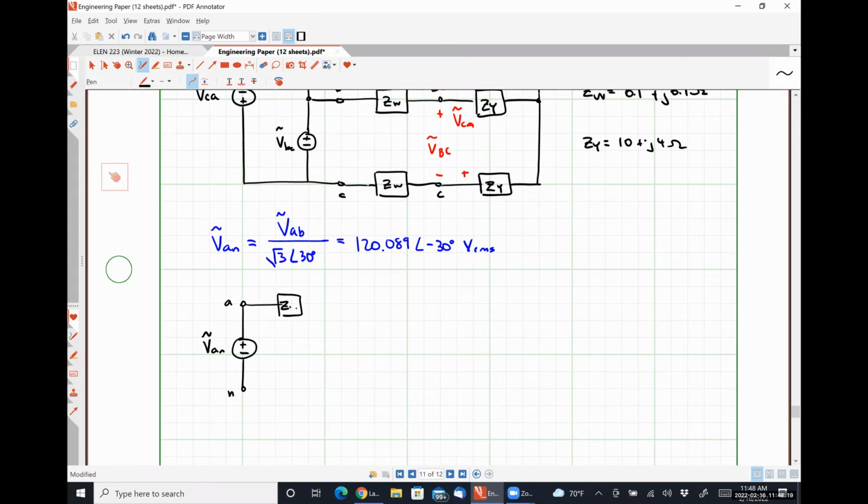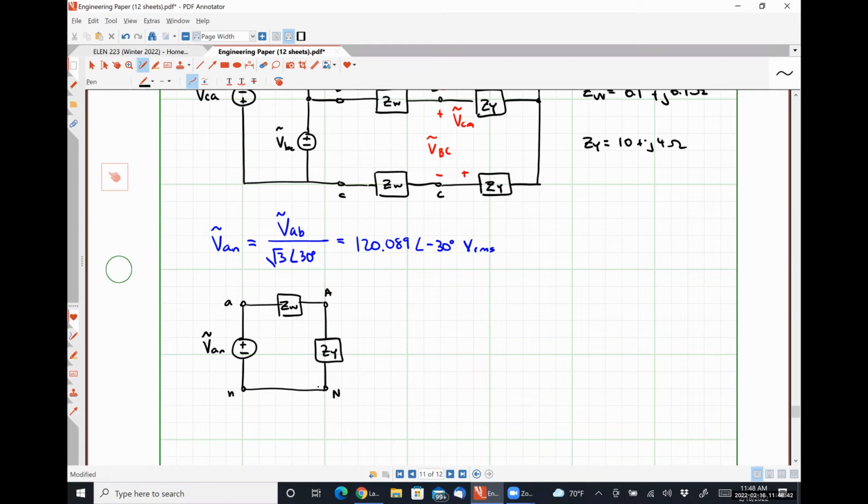Here is ZW, which we know. Here is my capital A terminal. Here's ZY, which we know. Here's capital A.